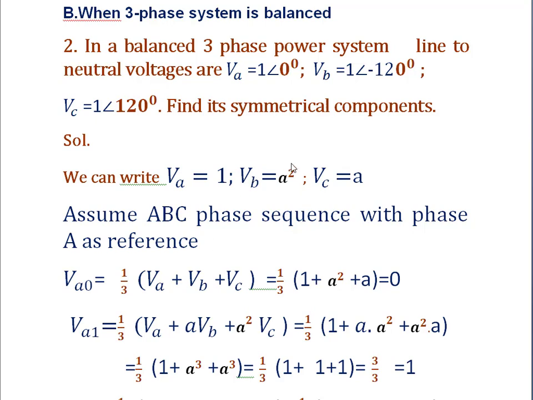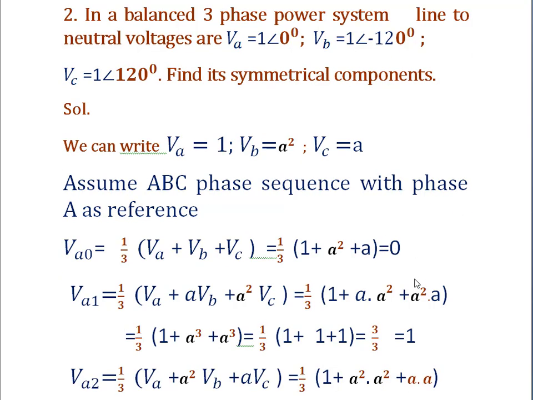In place of VB, I am substituting a square. In place of VC, I am writing a. It is a standard form, 1 plus a plus a square is equal to 0. So we have 1/3 into (1 plus a square plus a), which is equal to 0. So for a balanced system, the zero phase sequence component, whatever reference you take, will be 0.